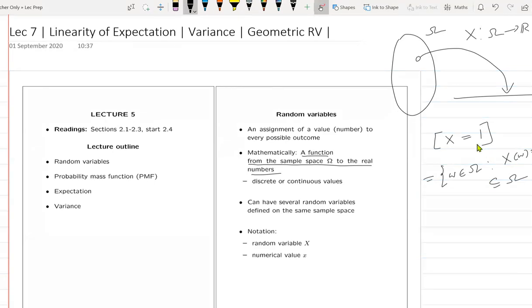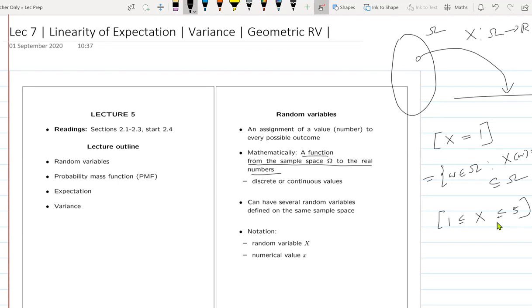Once we have this notation, we can do interesting things. We can ask, what is the event that the random variable is between 1 and 5? We can define the event very easily. The random variable we took as an example last time was: you are throwing dice 10 times, and the number of times the number 3 came up.